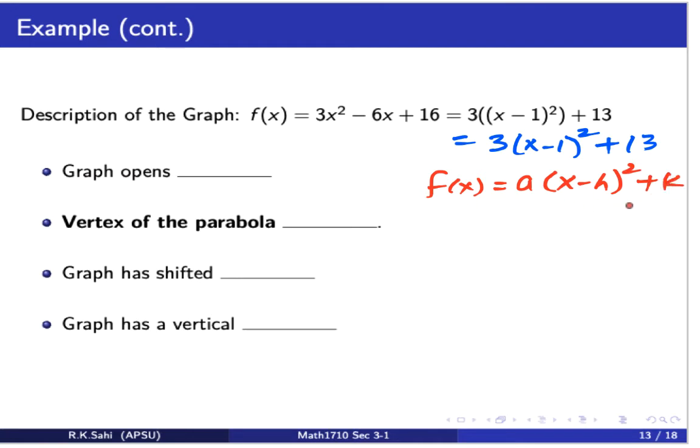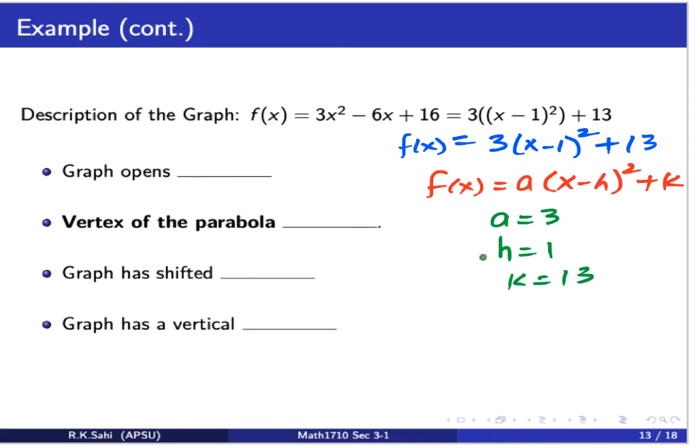That's the standard form in a general scenario. So, making the comparison here, what is a? A is 3. What is h? Now the minus is always there, so h is 1. K is 13.